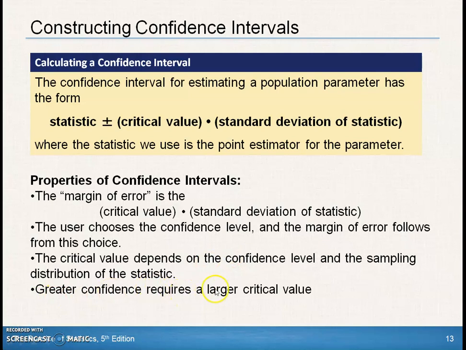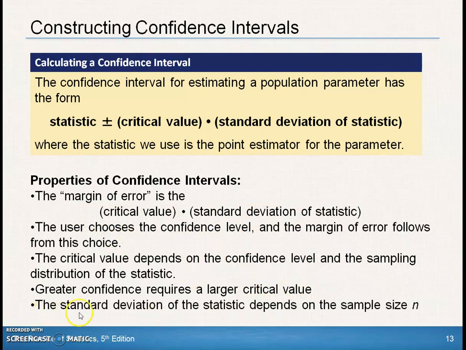Greater confidence is larger critical value, so it'll be a wider interval. The standard deviation of the statistic depends upon the sample size, so the larger the sample, the better the standard deviation is, the more accurate.